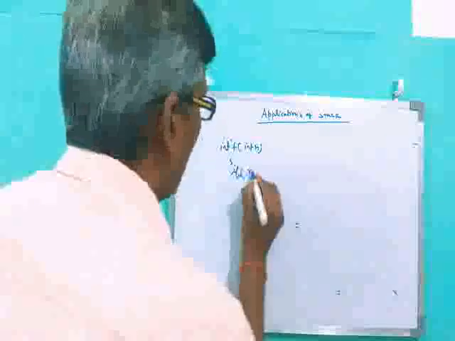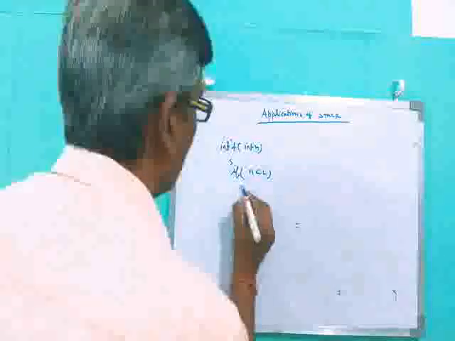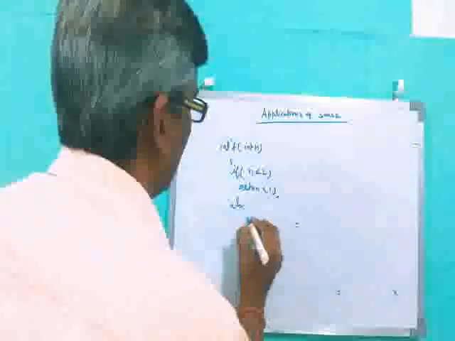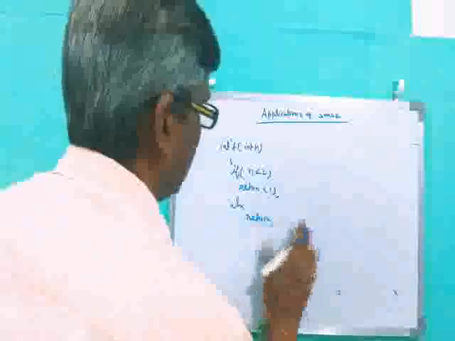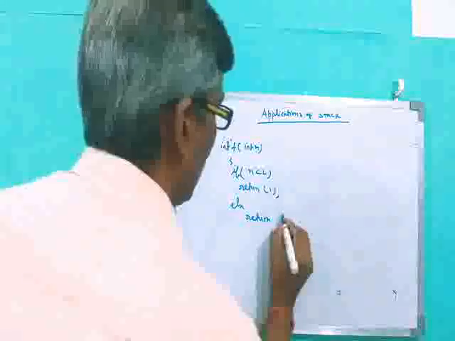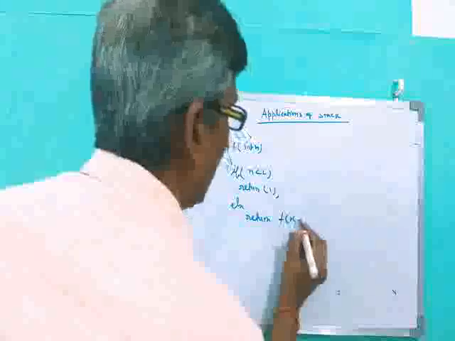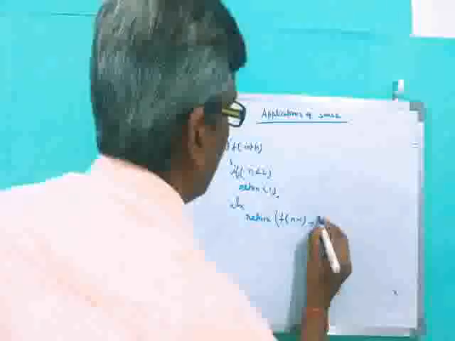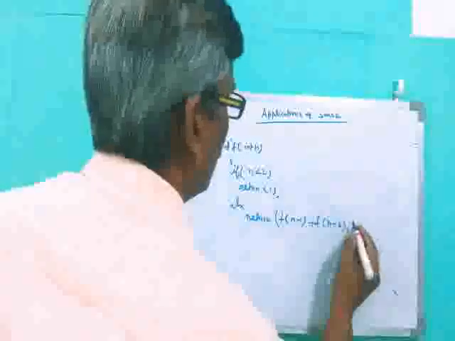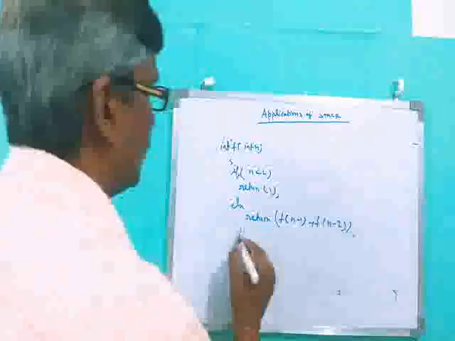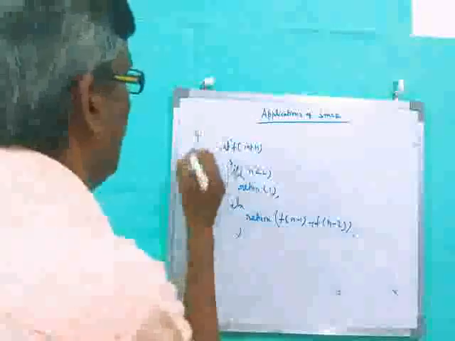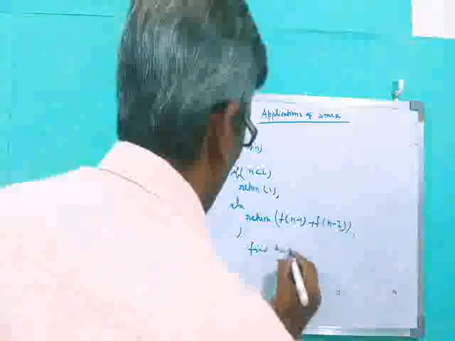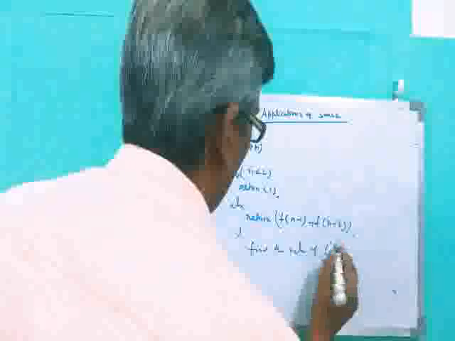If n is less than 2, return 1, else return f(n minus 1) plus f(n minus 2). This is the question, and we need to find the value of f5.